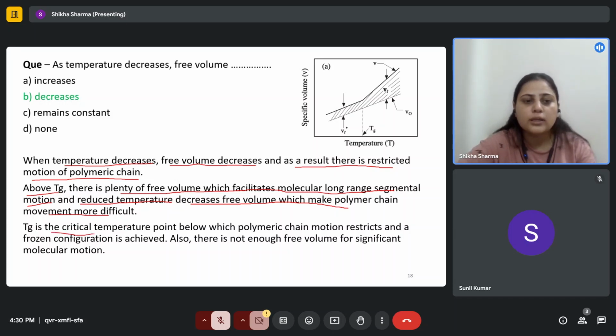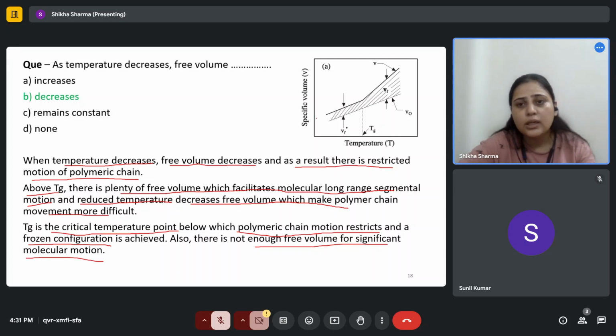So Tg is the critical temperature point below which the polymeric chain motion restricts. Because the temperature is low, the chain motion will be restricted, and a frozen kind of configuration will be achieved. Also, there is not enough free volume for significant molecular motion.